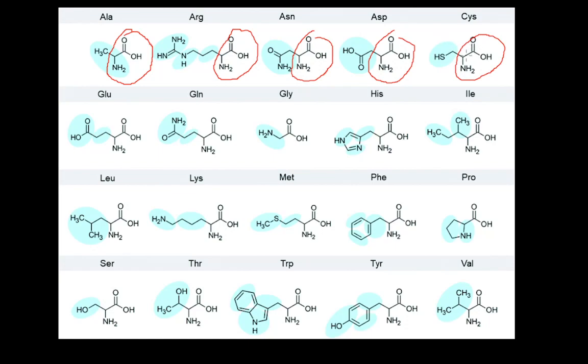What is changing is the side group, what is attached to it. I think proline is different. Other than that, everywhere it is very similar. This is your glycine.